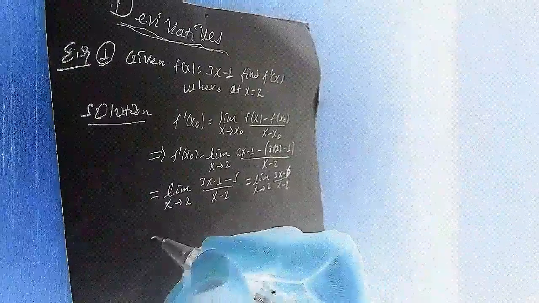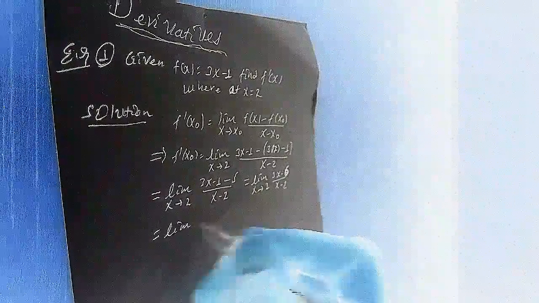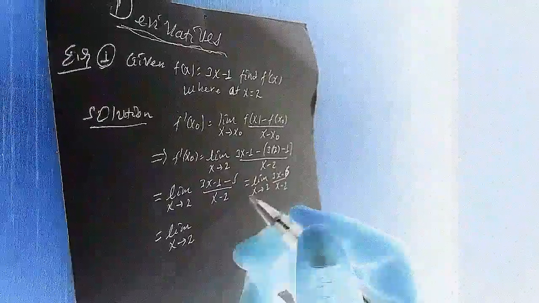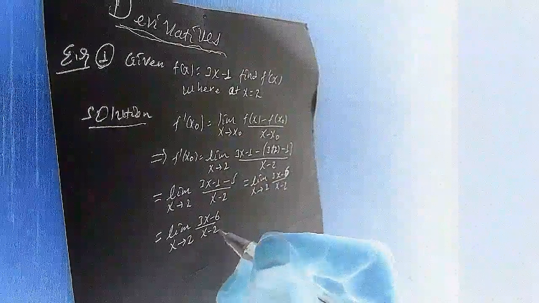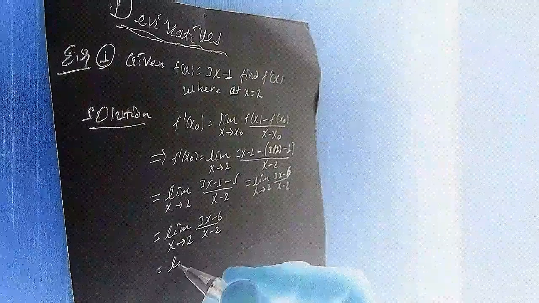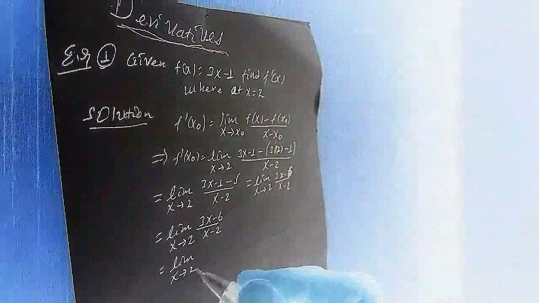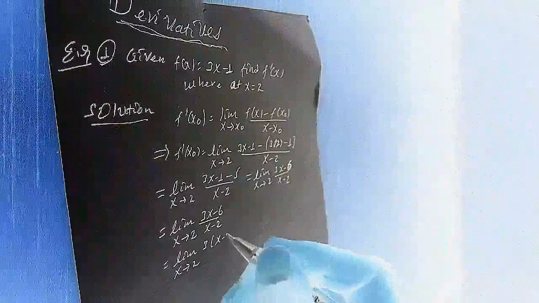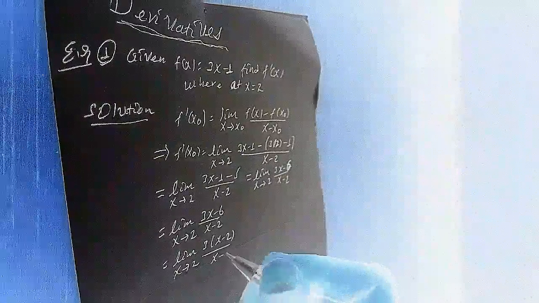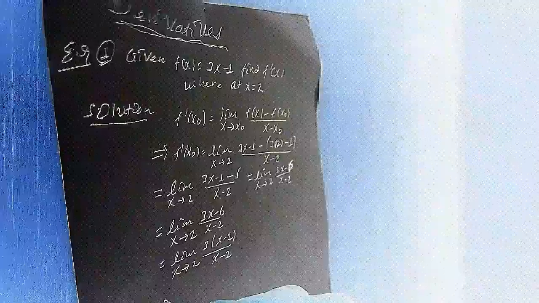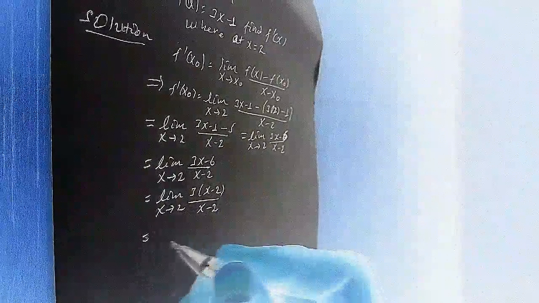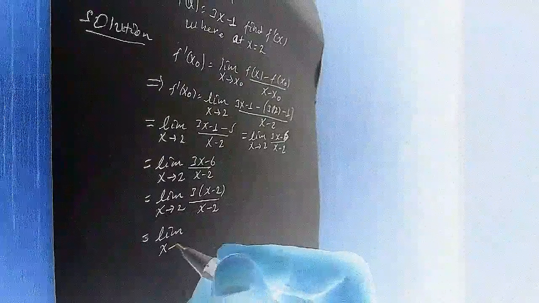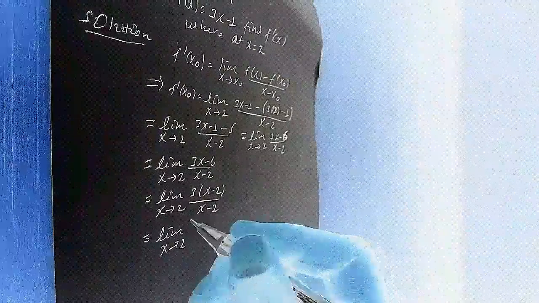In the numerator, 3 is common, therefore the limit as x goes to 2 of (3x - 6) over (x - 2) is equal to the limit of 3 times (x - 2) over (x - 2). (x - 2) is common to both the denominator and numerator, so we can cancel each other. This gives us the limit as x goes to 2 of 3, which is equal to 3.